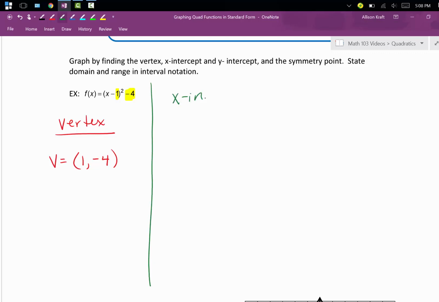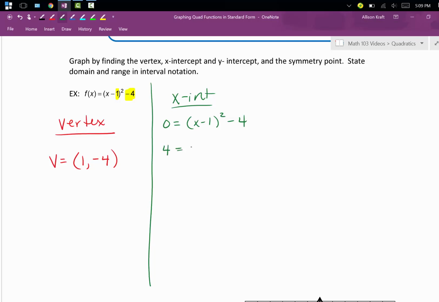Moving on to finding our x-intercept, we always let y be equal to 0 and then solve for x. You can solve this quadratic equation however you like. The easiest technique for solving a quadratic equation in this form would be the square root property. Let's isolate the part that's squared and then take the square root of both sides.